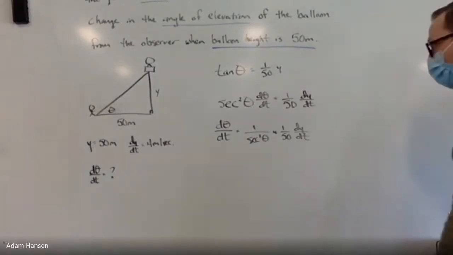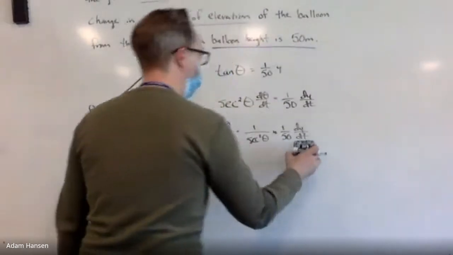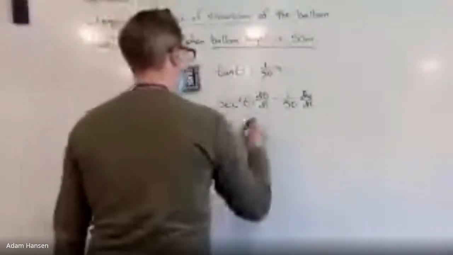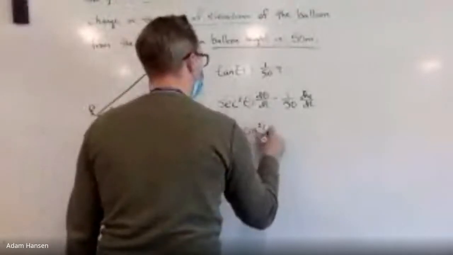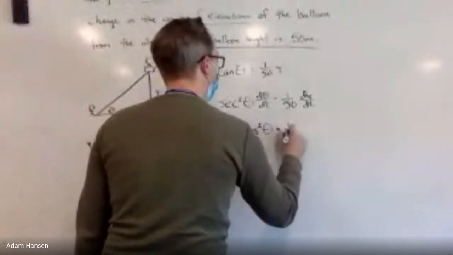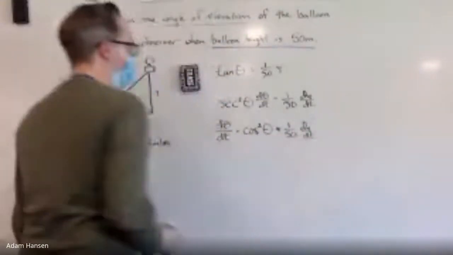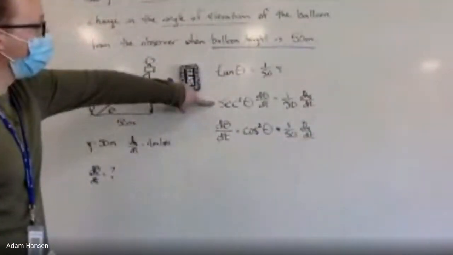So let's just call this cosine squared theta times 1/50th dy dt. I suppose you don't have to go ahead and get cosine squared on the other side.